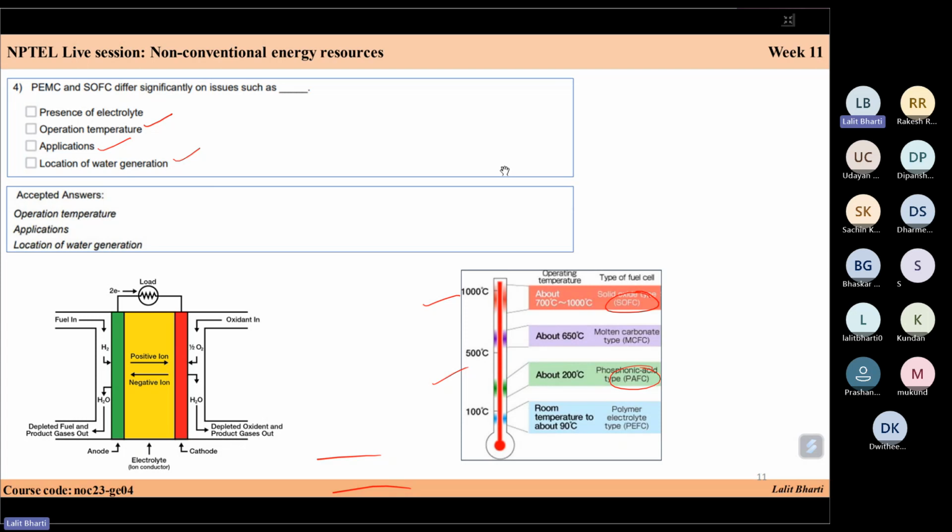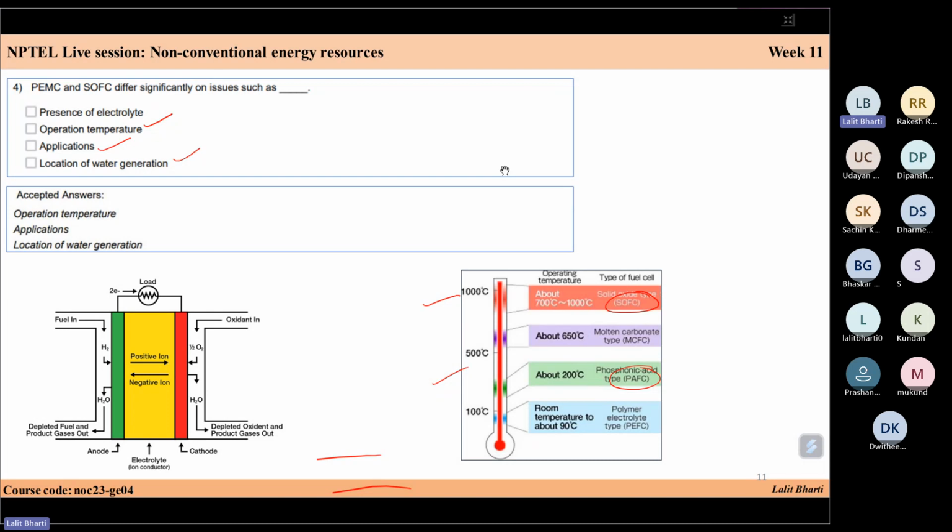PEMFC and SOFC differ significantly on issues such as presence of electrolyte, operation temperature, applications, location of the water generation. PEMFC is the proton exchange membrane fuel cell, and SOFC is the solid oxide fuel cell.